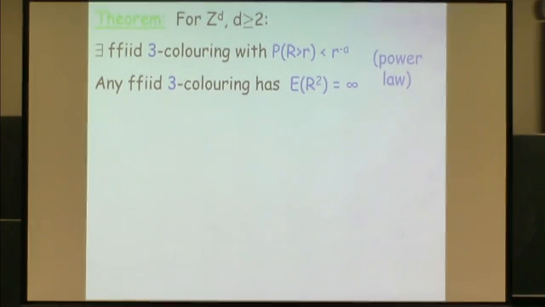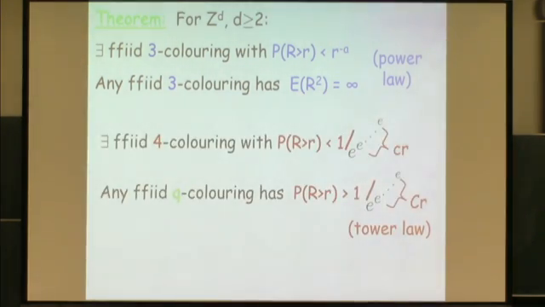All right. What about 4 colours? We already saw that you can do exponential tails. Can you do any better? Well, it turns out you can do better. There exists, with just 4 colours, in any dimension greater than or equal to 2, a tower function.